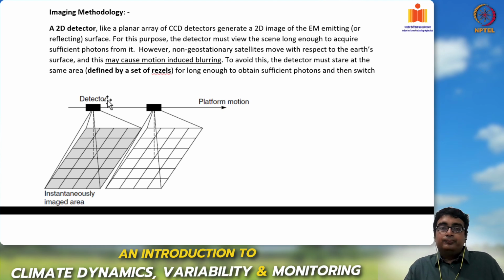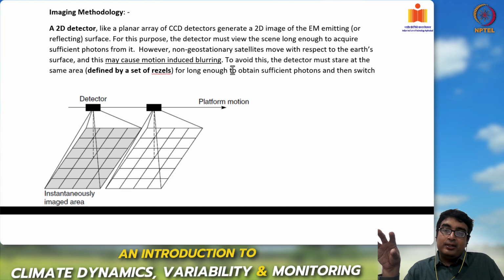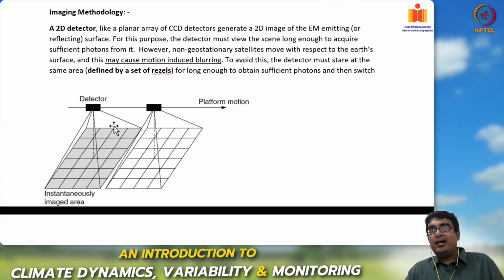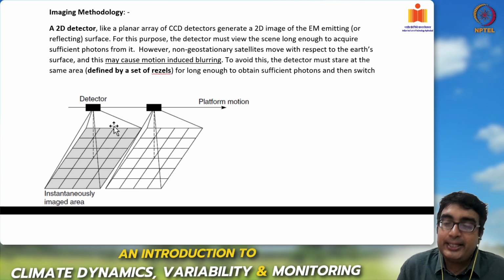So now the detector is staring at the same area defined by this raster for a long enough period. So you need to have a control system here. That control system is moving the detector ever so slightly so that it stares into this area over a certain finite time interval, adjusting for the relative motion between the satellite and the ground.